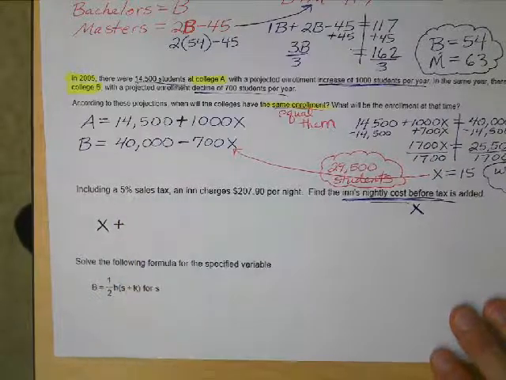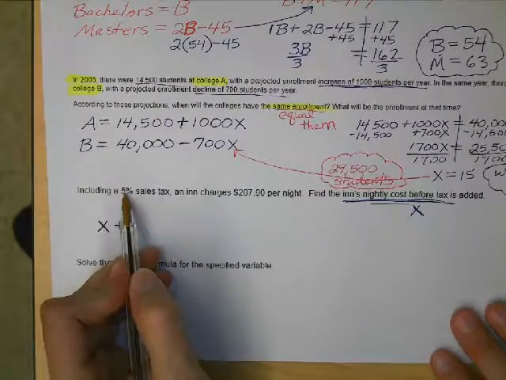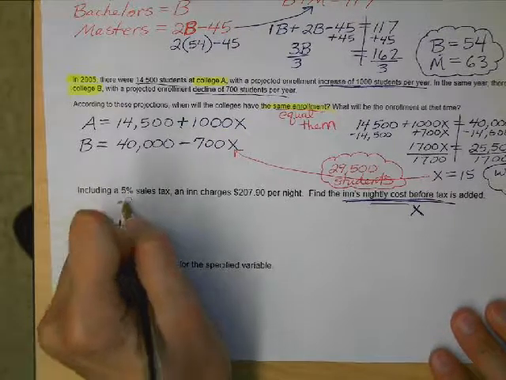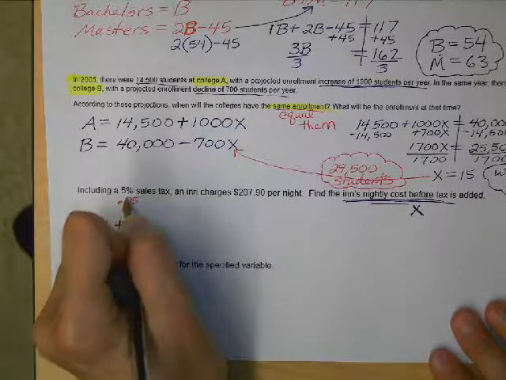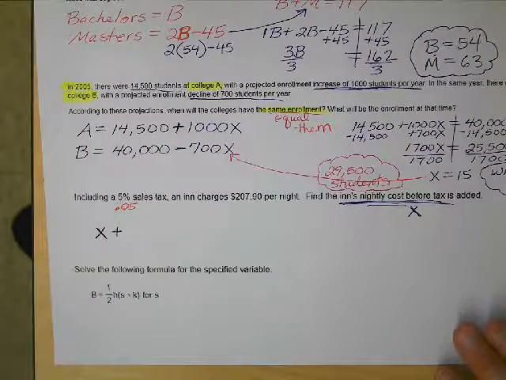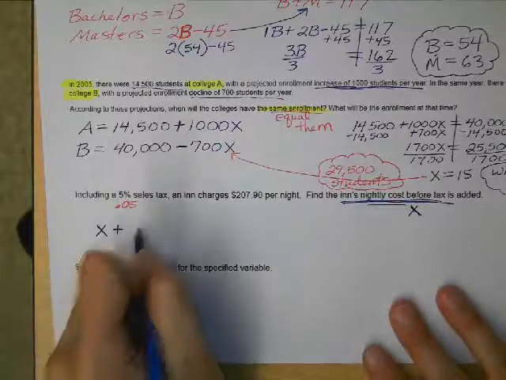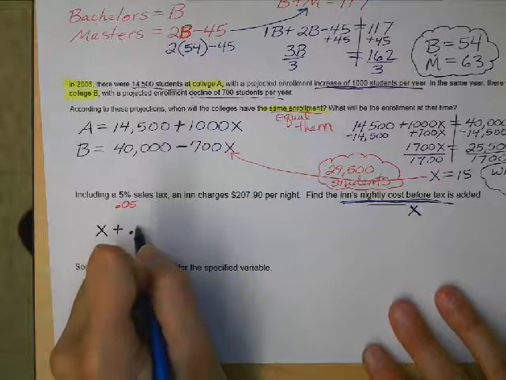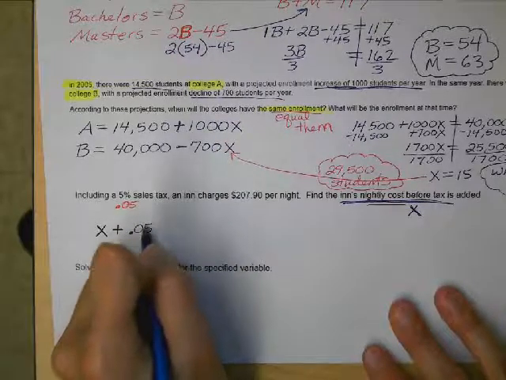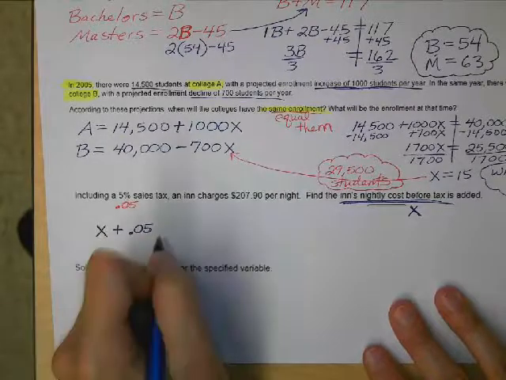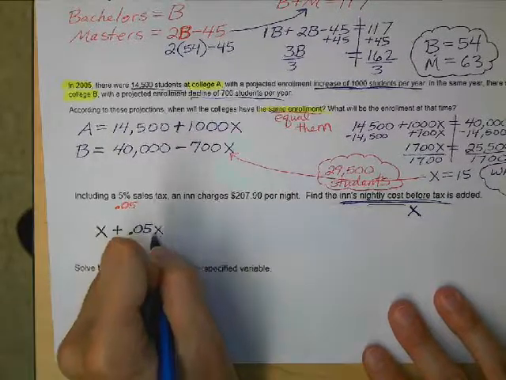So you need to know how to make 5% into a decimal. 0.05. Yeah, most of you know that. Good job. You move the decimal back twice, or divide by 100, which is the same thing. So they're adding 5% of whatever the cost was, like 0.05x.